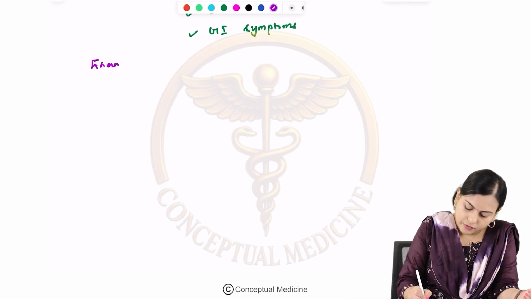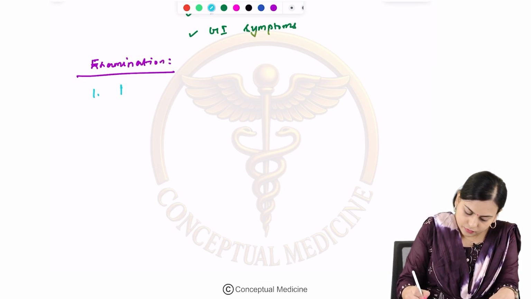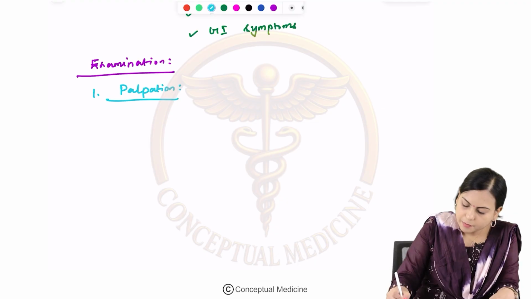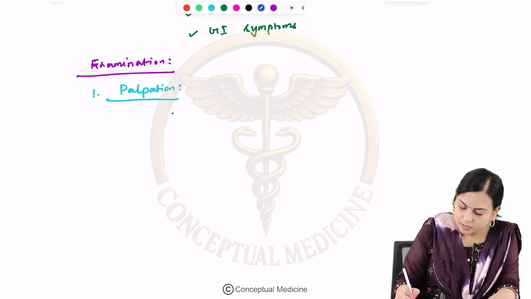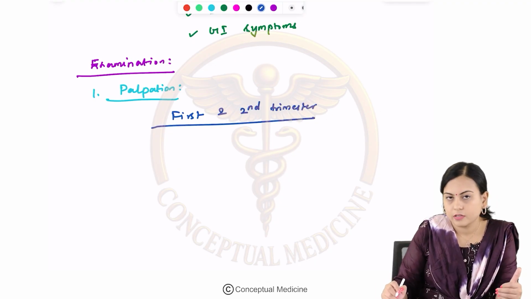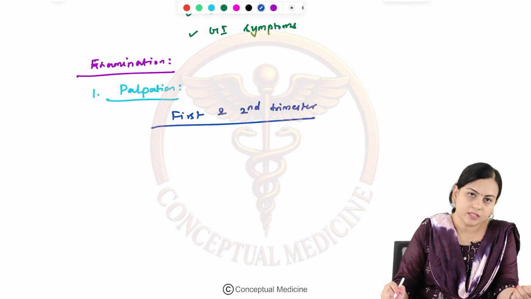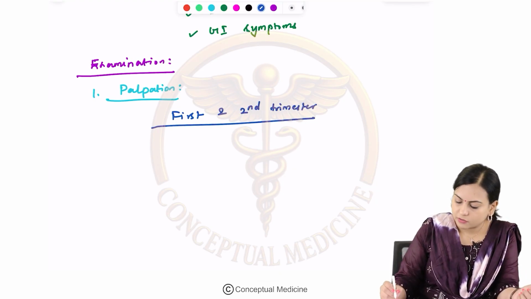And then we will go to the examination part. So, when we talk about examination, first one, we have to go for palpation. So, palpation in the first and second trimester, usually how it will be? The uterine size is more than the expected gestational age size of uterus, right.